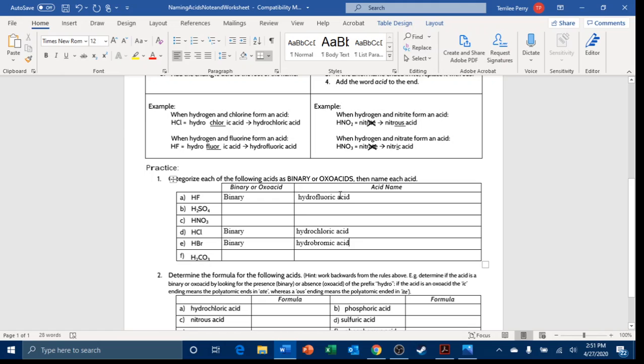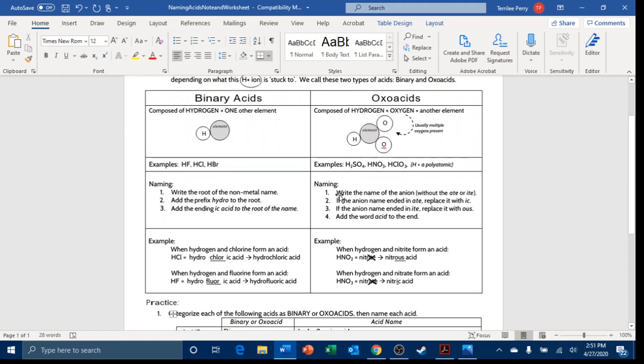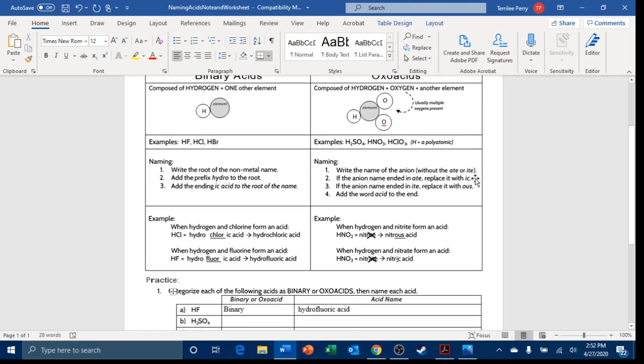All right, so let's go back up here and let's look at oxyacids now. They have hydrogen and oxygen and another element. So you're going to end up with a polyatomic ion. Okay, so it's going to be hydrogen and a polyatomic ion because you know it's O and something else. Okay, so we're going to write the name of the anion because your cation is going to be hydrogen.